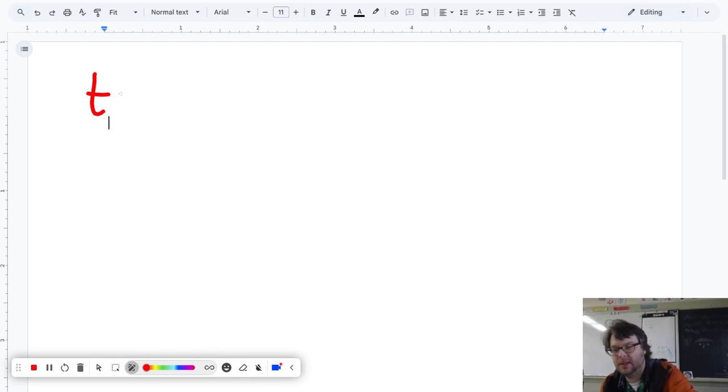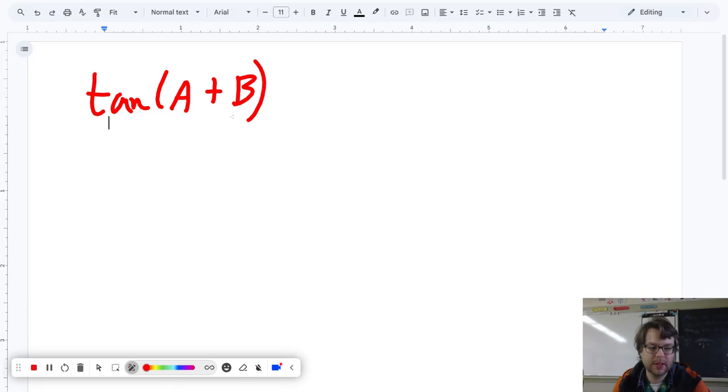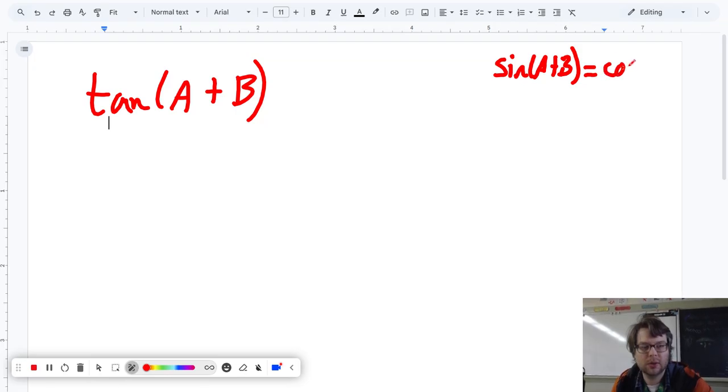This one's going to be a little different than the other video, where I'm not going to show what answer I'm trying to get to. I'm just going to try to express this in terms of tan A and tan B. The reason is that I have formulas for sine and cosine of the addition of two angles, like sine of A plus B is equal to cosine A cosine B plus sine A sine B. That's useful because I can figure out the sine of the sum of two angles based on the two original angles.